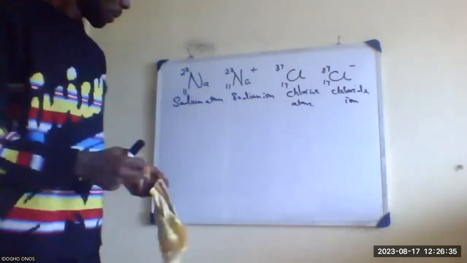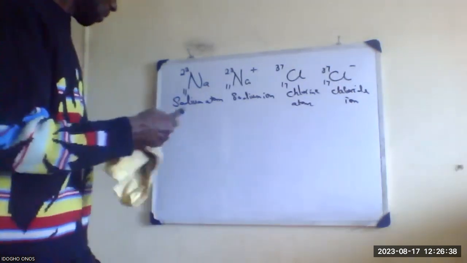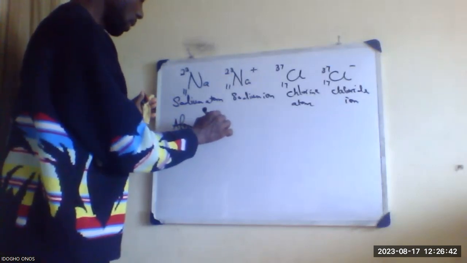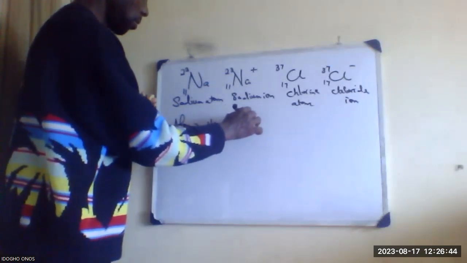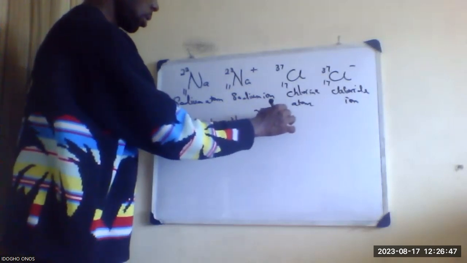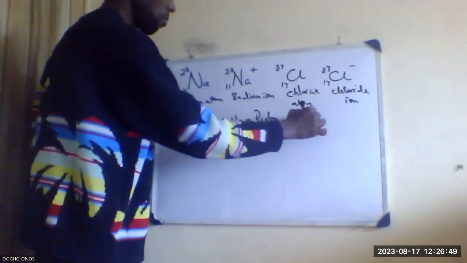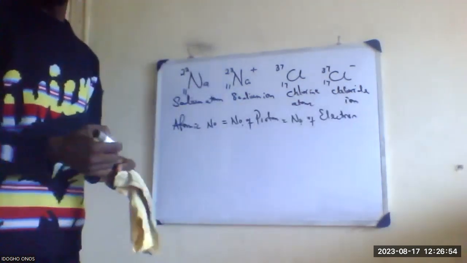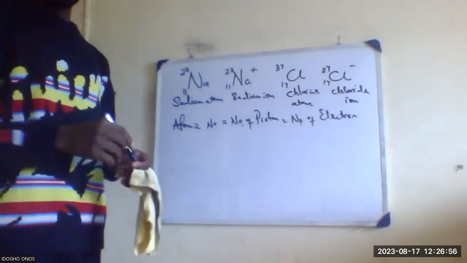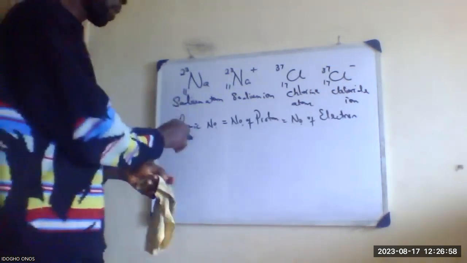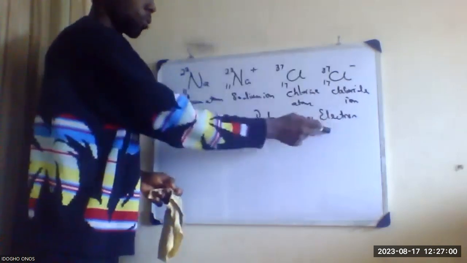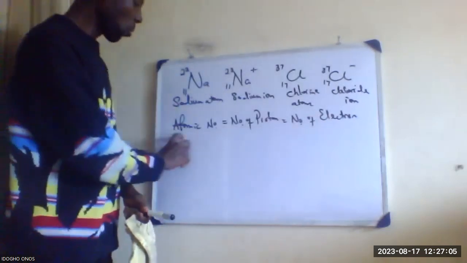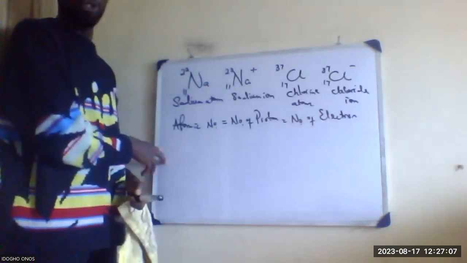Now, also notice that atomic number is equal to number of protons, and it's also equal to number of electrons. But there's a clause for this particular condition.